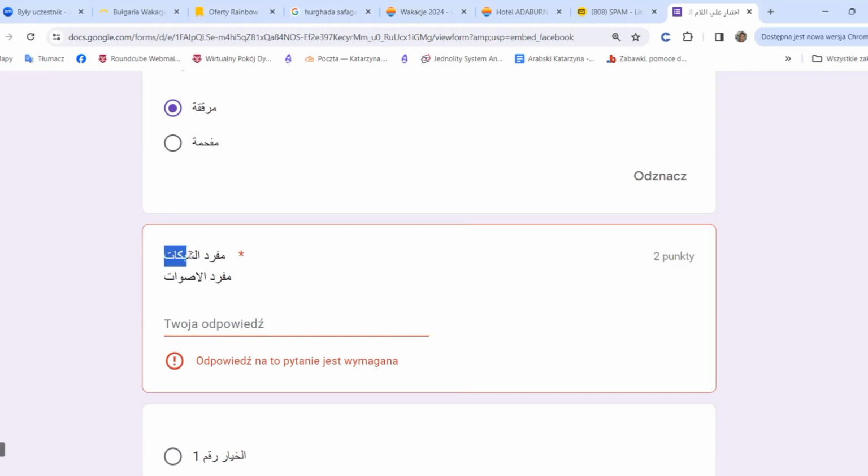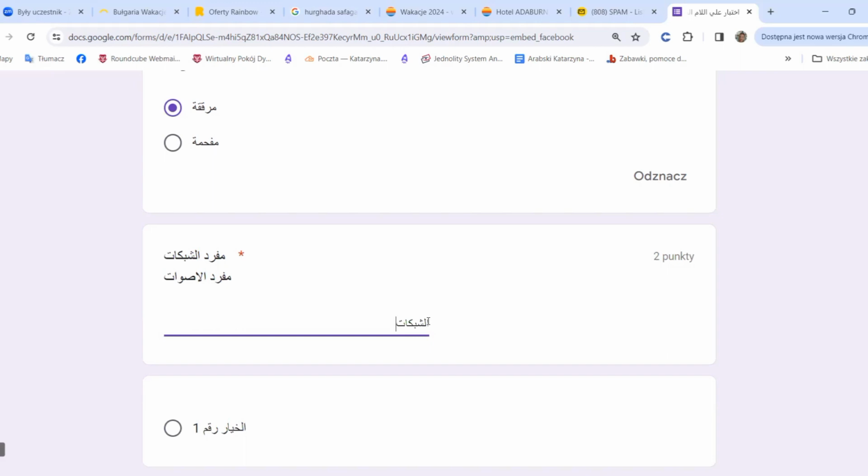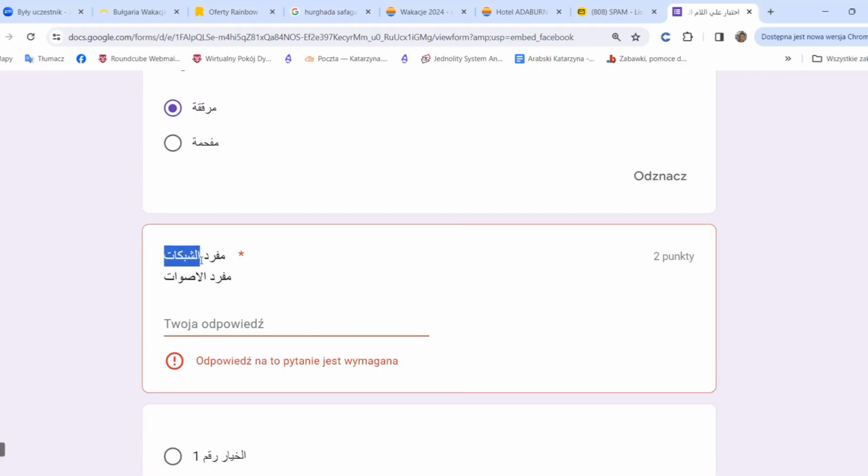Yes, remove this alif. No, this alif. This one. In ashabaka, after kaf there is alif, between kaf and ta.